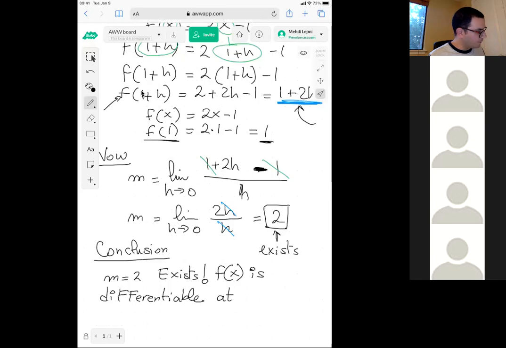So f of x is differentiable at a equal to 1. My number a was 1, so x equal to 1. And the derivative f prime of 1, this 1 here is my a.